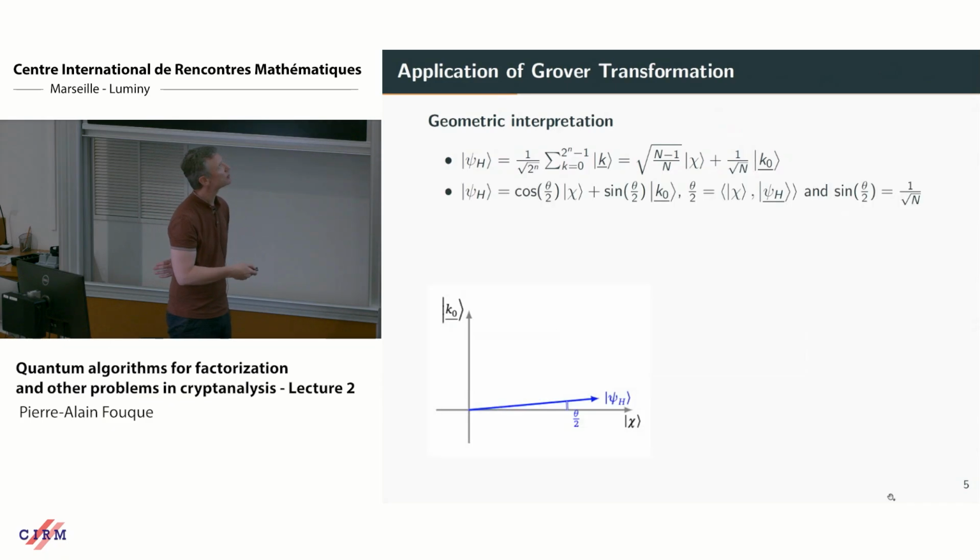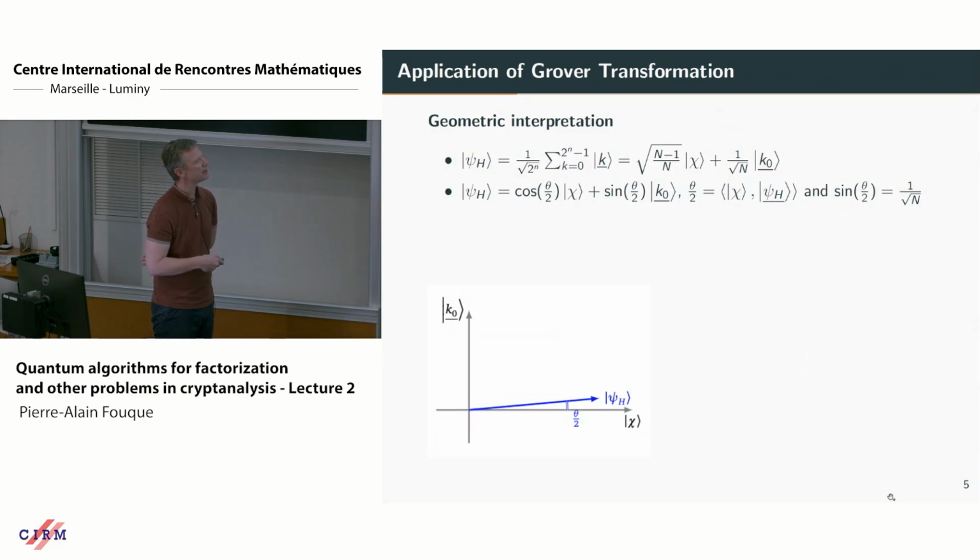The best way is to represent it geometrically. Here you have the sum of all other qubits. They live in some hyperplane, and orthogonal to this hyperplane you have the direction ket k0. And this is ket psi h.